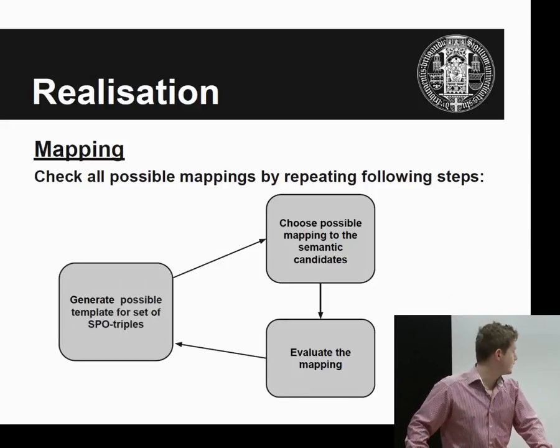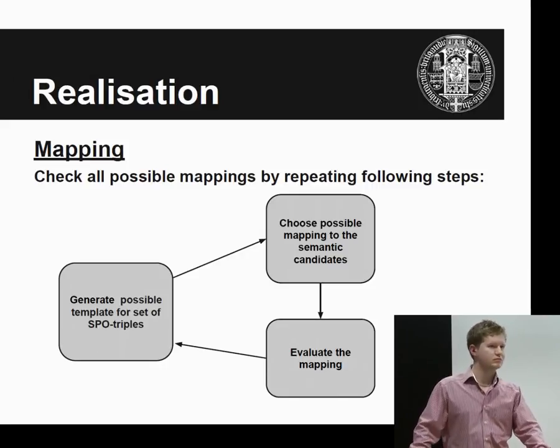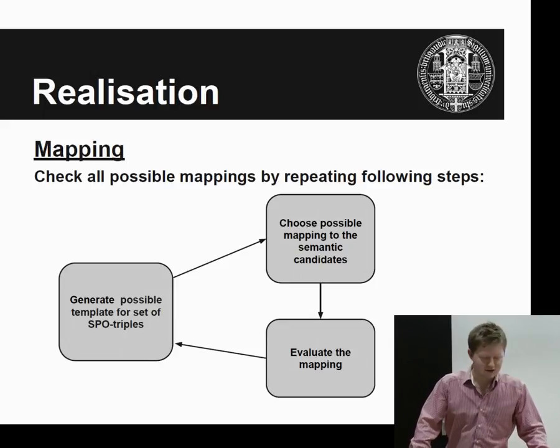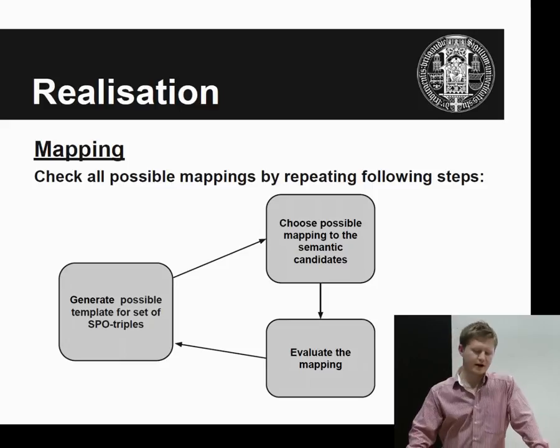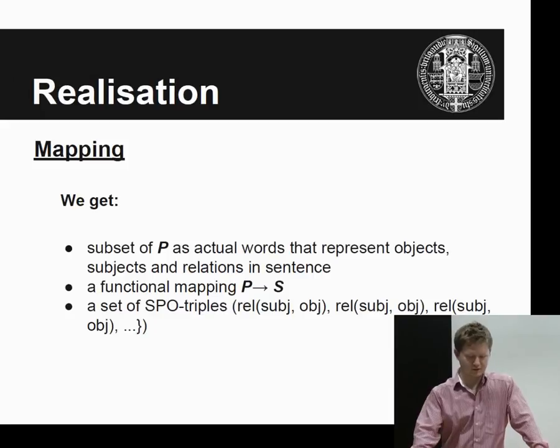And at this point they design actually an ILP problem to check all combinations. But I will just in general describe the idea. So in general they make these 3 steps until they find the best query. They generate possible templates for a set of SPO triples.